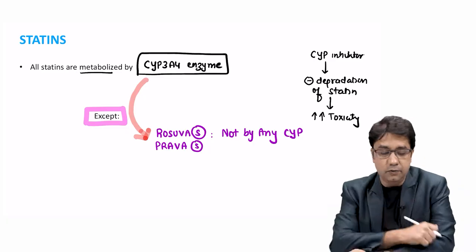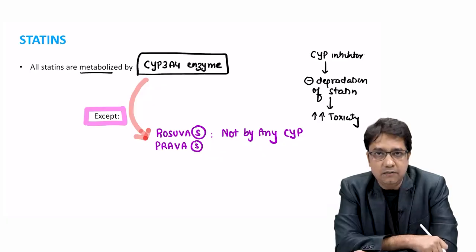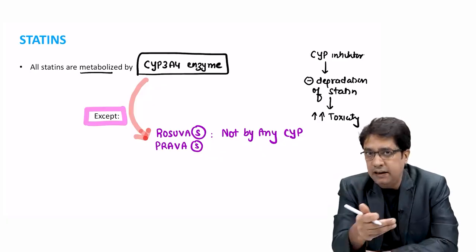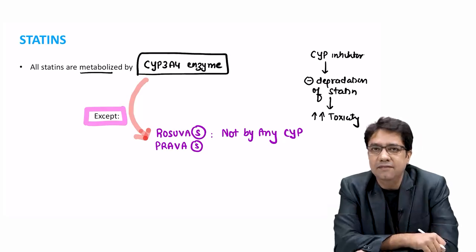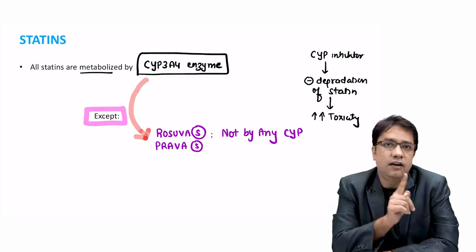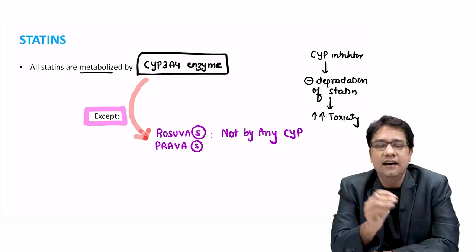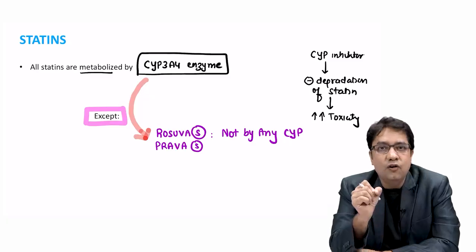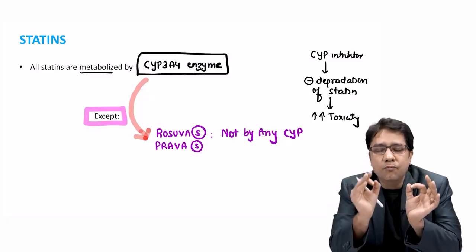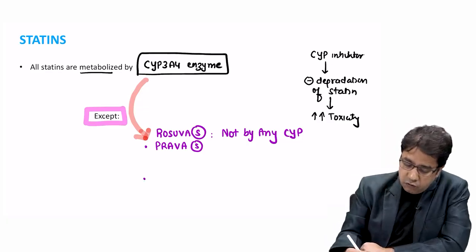So if I ask you which statin will have the least drug interaction, is the most effective one and can be given in high intensity statin therapy, is it atorva or is it rosuvastatin? Yes, the answer is rosuvastatin. That is why at today's time we are prescribing rosuvastatin to most of our patients. There is one more statin we will write, which is fluvastatin.